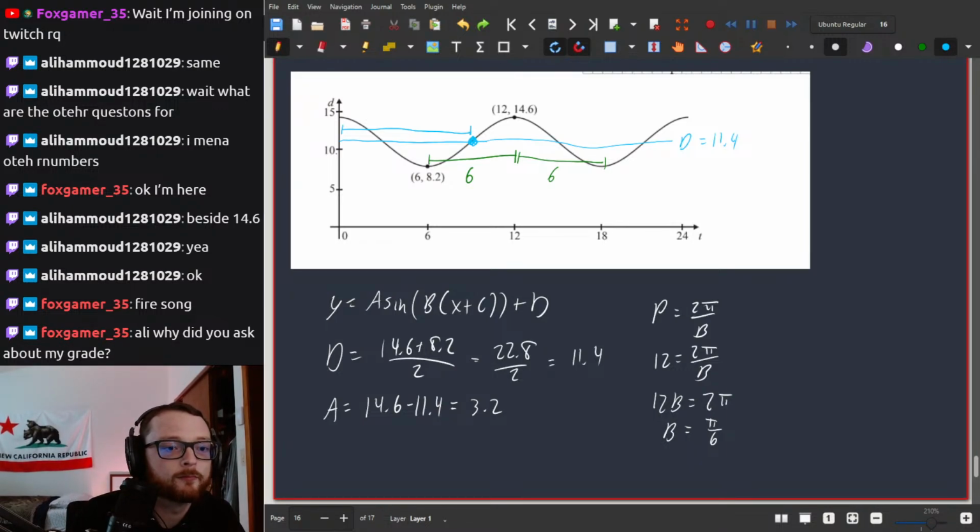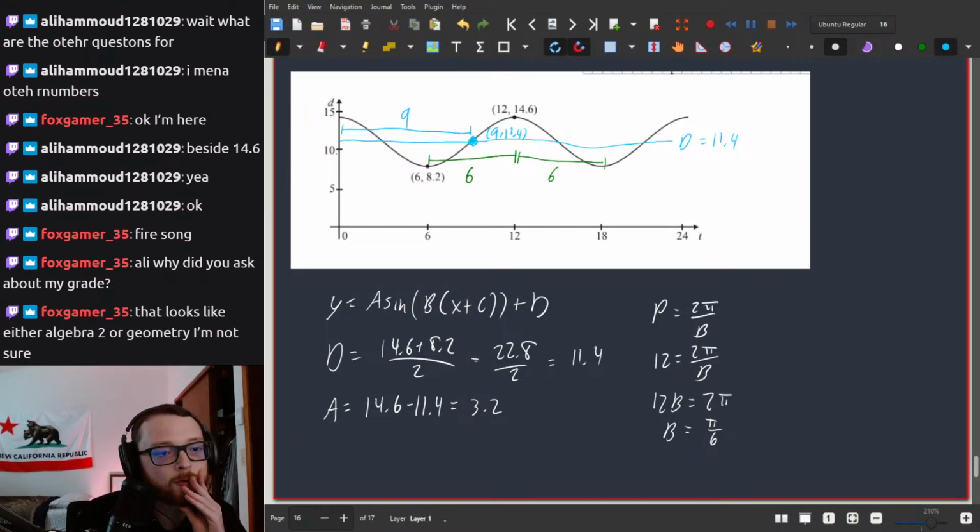So that point will be 9 comma something. Who knows? And we don't care. Well, I guess it's 11.4 because that's our baseline. That's not important though. So we know the x coordinate of this point here, and that's the thing that we need to know. So this distance is 9.